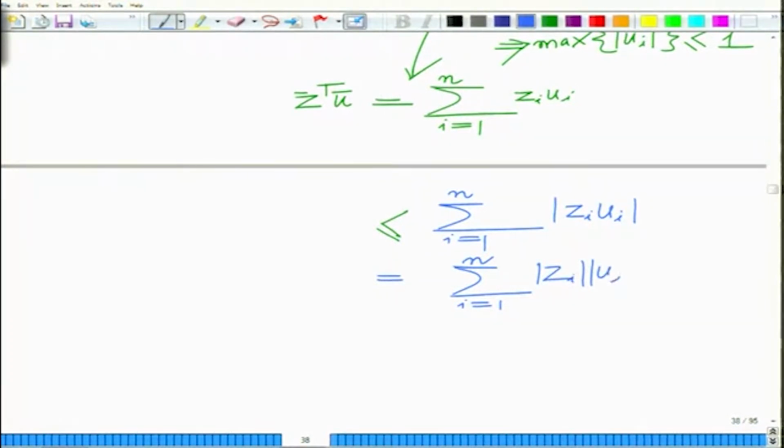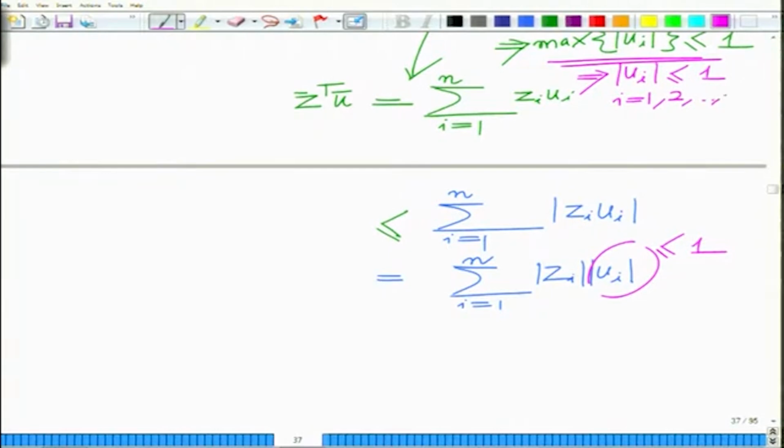magnitude zi magnitude ui. Now, we know each magnitude ui is less than or equal to 1. Since the maximum value of magnitude ui is less than or equal to 1, it implies magnitude ui is less than or equal to 1 for all i equals 1 to n.